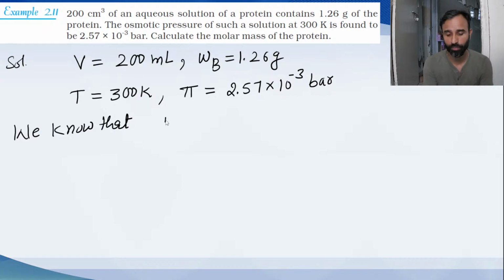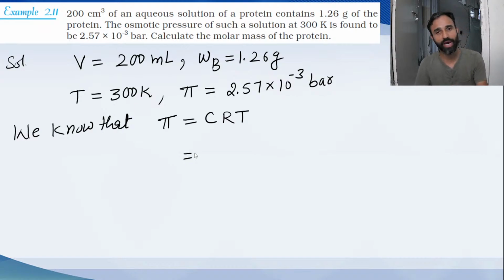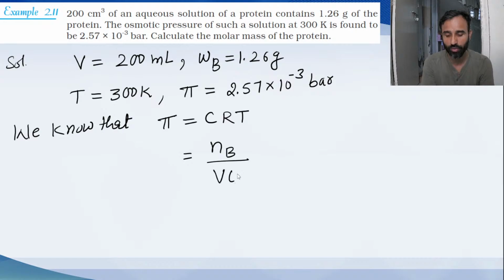We know that pi equal to CRT. Now, what is C? Concentration. But that is not given. Capital R is not given, but we have to write the value of R in appropriate units. C expanded further is number of moles over volume of solution in liter.